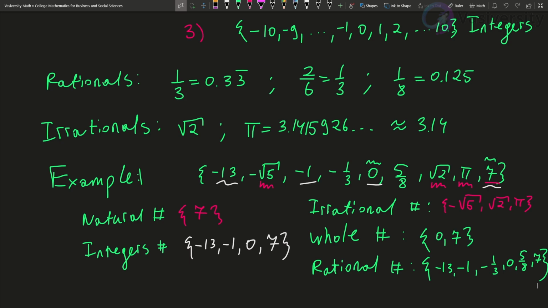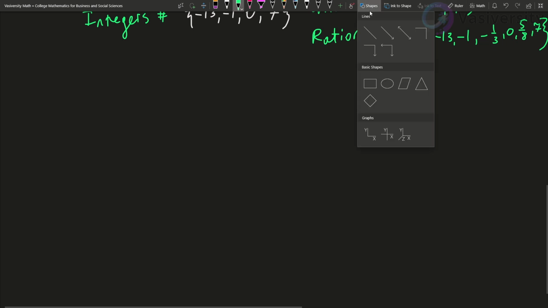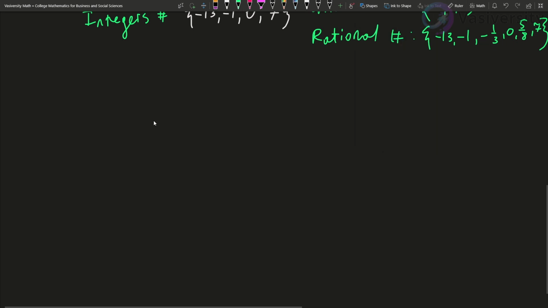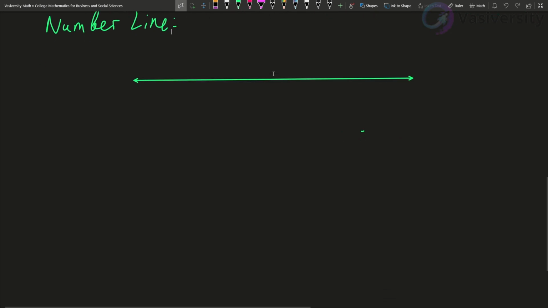But in addition to that, we can also plot the numbers on the number line. So let's go ahead and take a look at it. You can draw a number line. Very common concept in algebra, right?